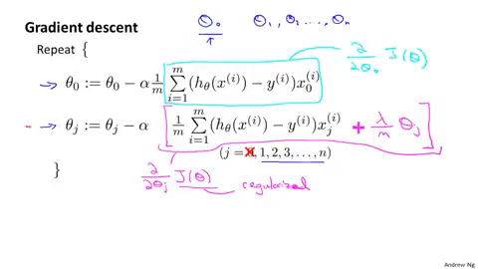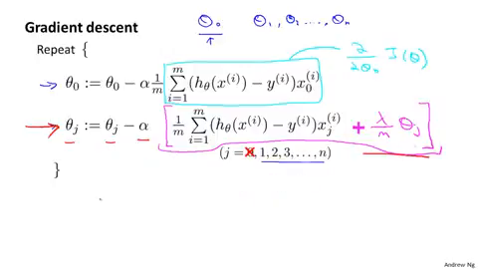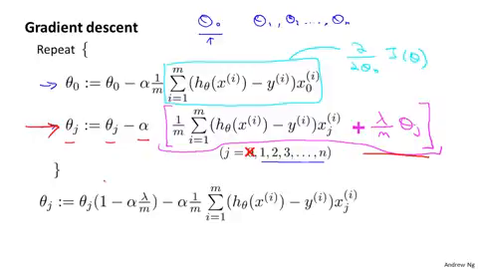If you look at the update for theta j, it's possible to show something pretty interesting. Concretely, theta j gets updated as theta j minus alpha times this other term that depends on theta j. So if you group all the terms together that depend on theta j, you can show that this update can be written equivalently as follows.